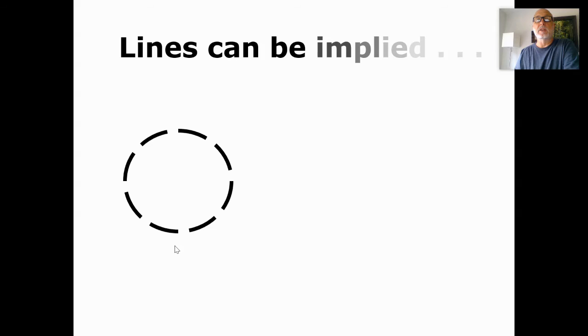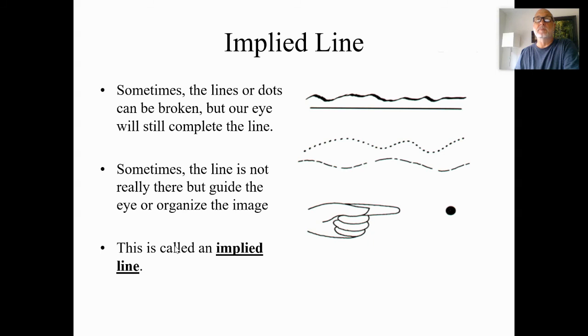In this circle, the line is broken, but we still understand it represents the outside edge of the circle. Sometimes it doesn't actually have to even be a surface or an edge. Sometimes an implied line can just be an indication. A finger pointing at an object gives the impression that a line exists.